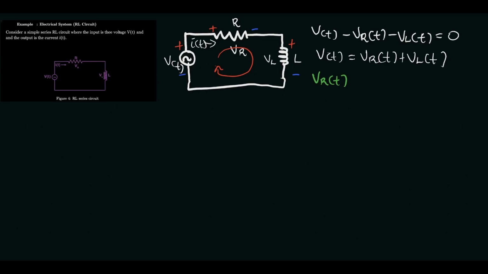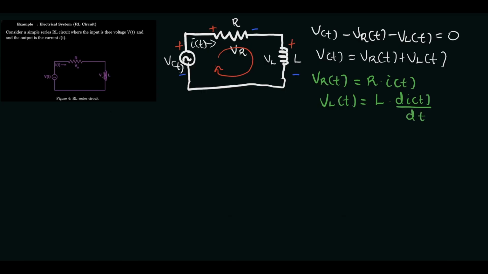The voltage of your resistor, from Ohm's law, V equals IR. That's VR(t) equals your resistor multiplied by your current. And the voltage across an inductor is equal to the value of your inductor multiplied by the differential of the current flowing through the inductor.